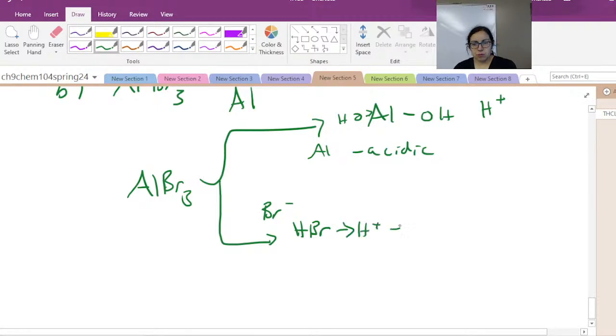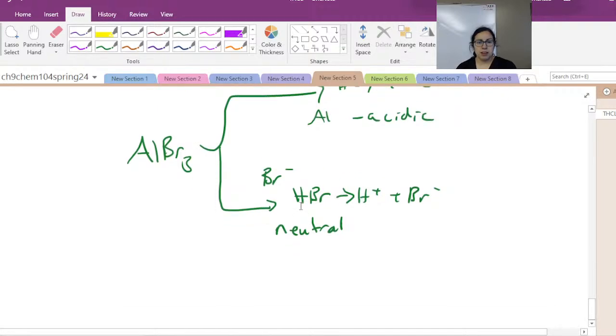So strong, so it fully dissociates. So that means what for our bromine? It's acidic. So not the bromine itself, right? Because bromine can't do anything, so it can't reform the HBr. So then that leaves it as neutral for the bromine. And that means overall, our aluminum bromide is acidic.